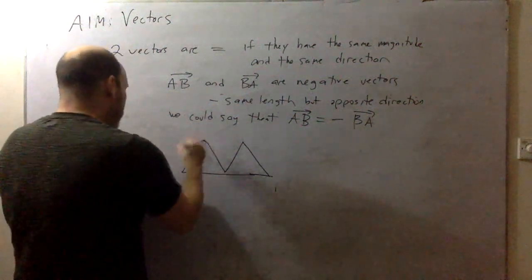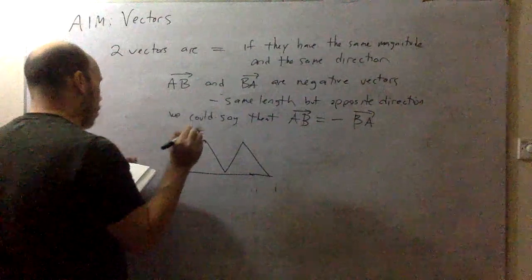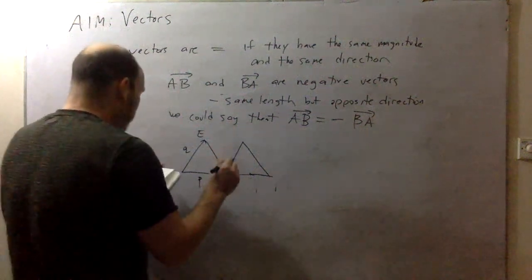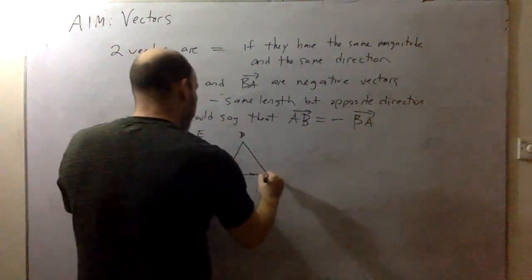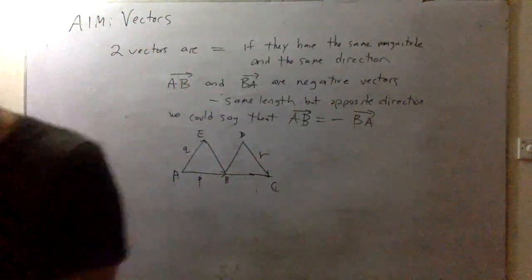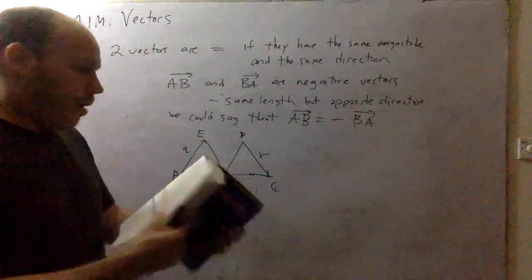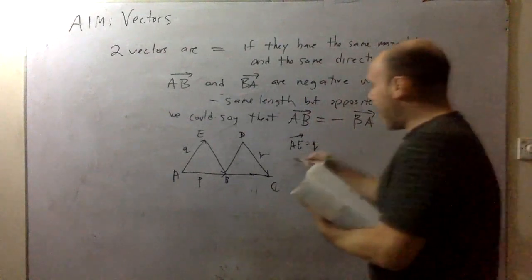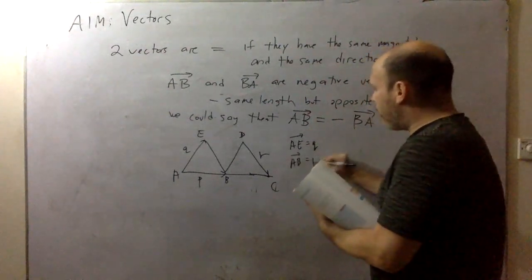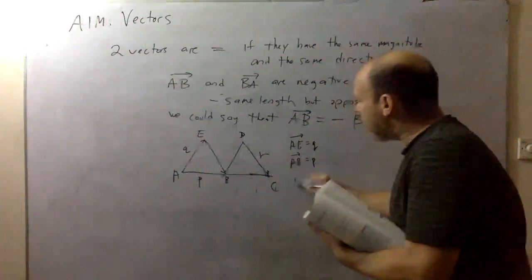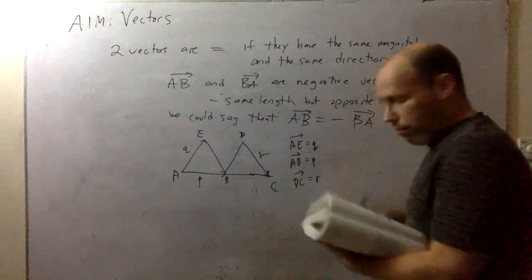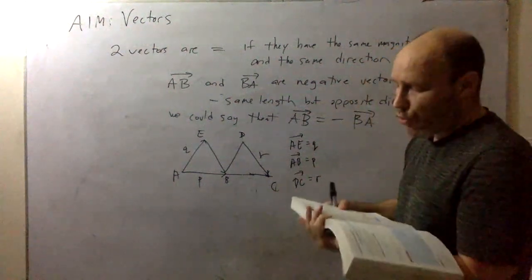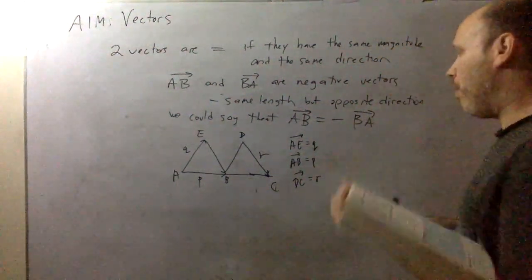We see that AE is vector Q, AB is vector P, and DC is R. The question is, which statements are true? Does EB equal R?